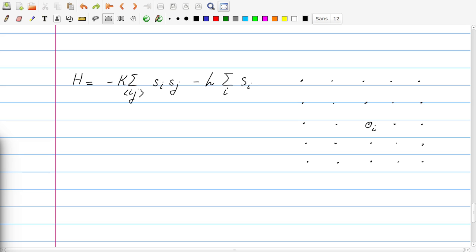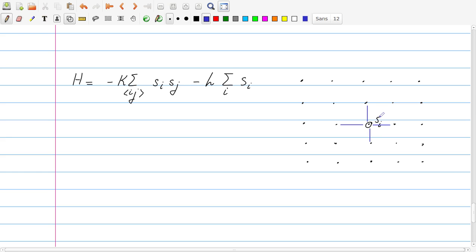So here you see a fragment of an Ising lattice with the site i in the center, and on the site i we're going to place a spin, the spin Si. And the spin Si talks to 4 nearest neighbors, and I indicate those interactions via blue links.